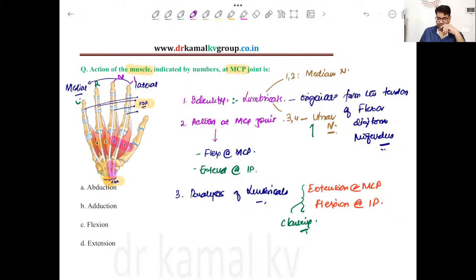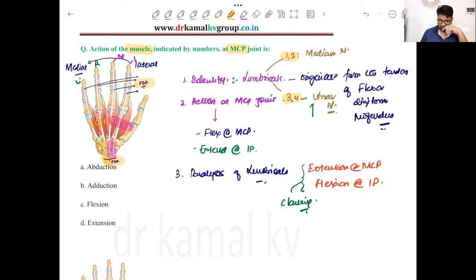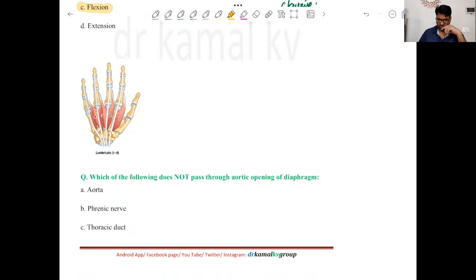That is very important. And why does it involve both the nerves? Because of this uniqueness of the nerve supply of lumbricals. All four lumbricals are not supplied by the same nerve. First and second by the median nerve, and third and fourth by the ulnar nerve, right? So these are the lumbricals, and the action of lumbricals at the MCP joint is flexion. Okay, so please remember.